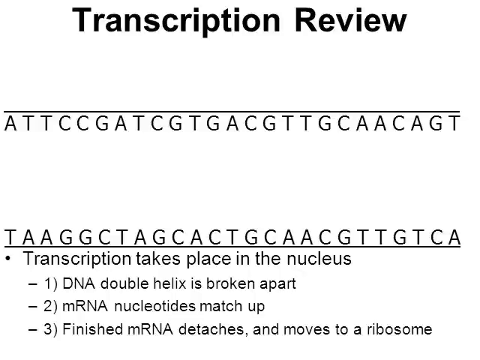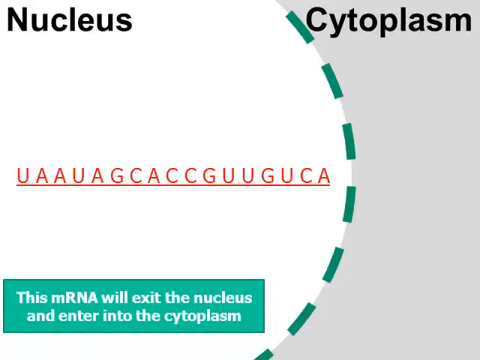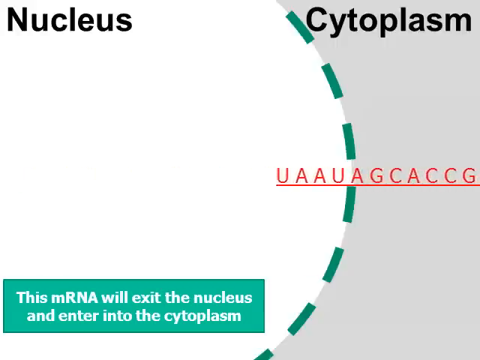Let's go follow that. There's the big strip of red messenger RNA that just exited a moment ago, and it's about to go into the cytoplasm. So the messenger RNA will exit the nucleus and enter into the cytoplasm. And there it's going to find a cell part called a ribosome.